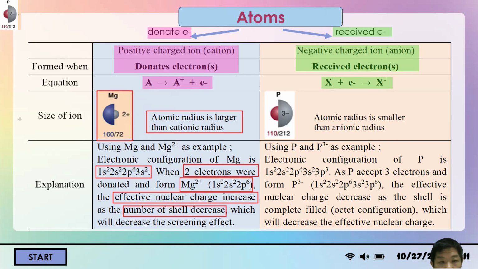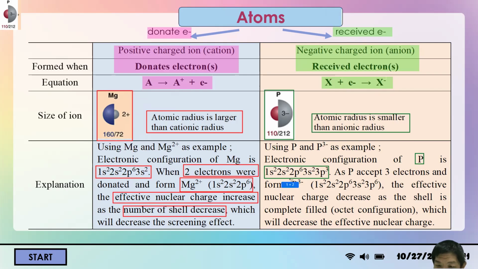So this is for cations. Now, as for anions, the atomic radius is smaller than the anionic radius. Let's use phosphorus as an example, where phosphorus has the electronic configuration of 1s2, 2s2, 2p6, 3s2, 3p3.